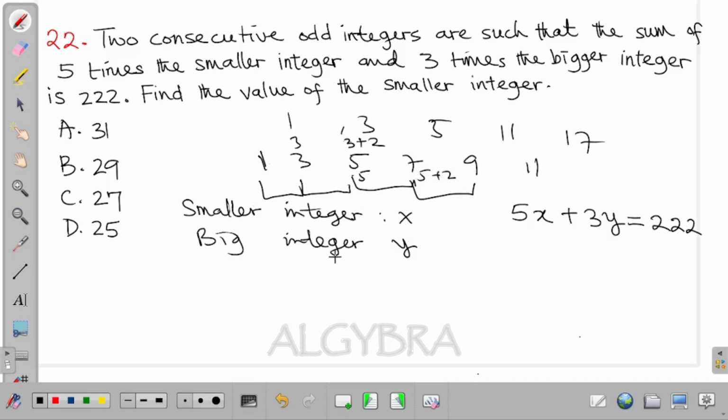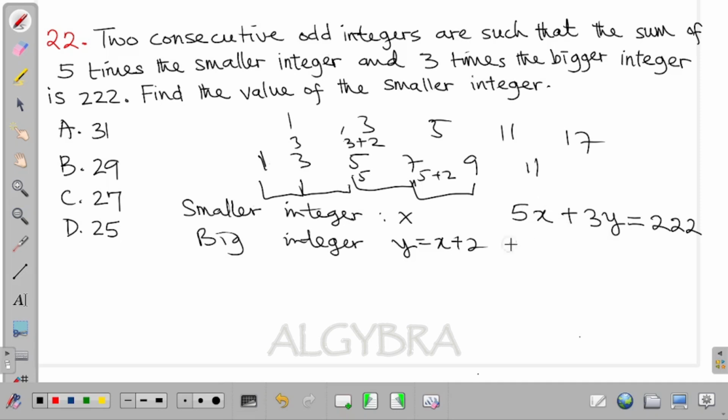So in terms of x, y is the same thing as x plus 2. If we know this, I can put the value of y as x plus 2 in this equation, so that I can make this equation linear and then find the value of x.